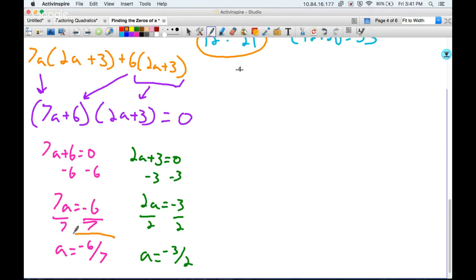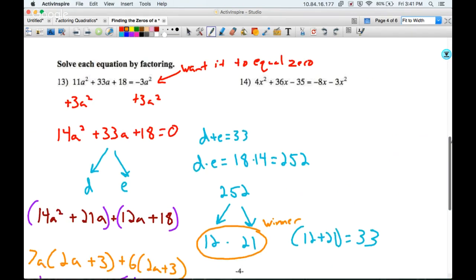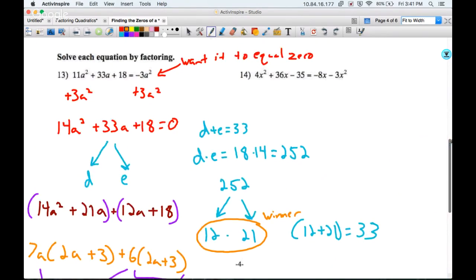All right. So there are the two values that make this equation true. Double check it by plugging them into the original equation and making sure it balances.